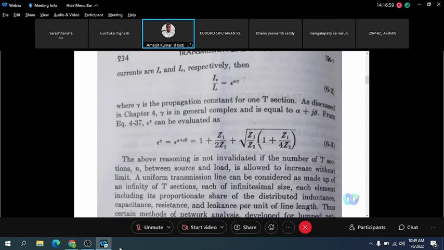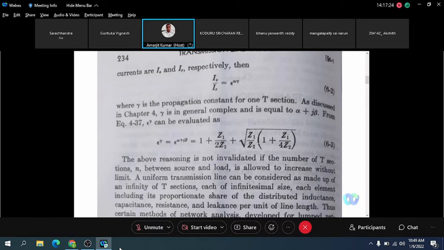And gamma will in general be a complex number, because there is a phase change between input and output current. It could be a phase lead or a phase lag, so gamma will be complex. So gamma is equal to alpha plus j beta.